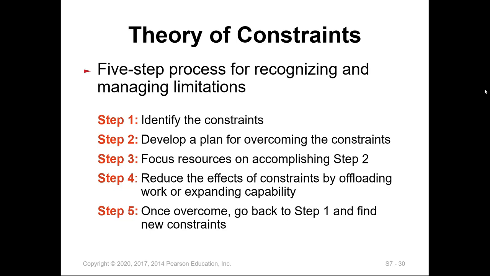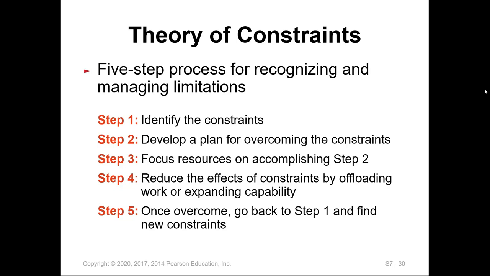So from the previous examples, the theory of constraints can be identified as a 5-step process for recognizing and managing limitations to the system. The steps are: first, we need to identify the constraints. Then we need to develop a plan for overcoming the constraints.